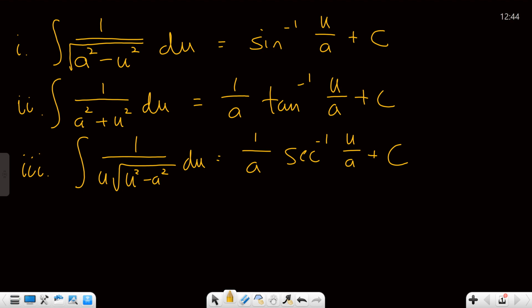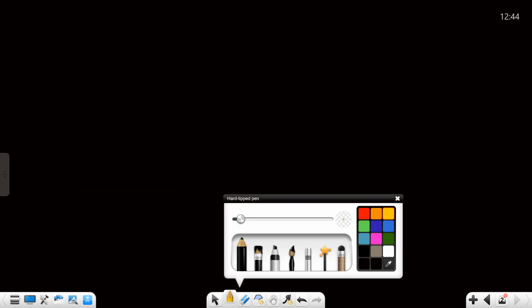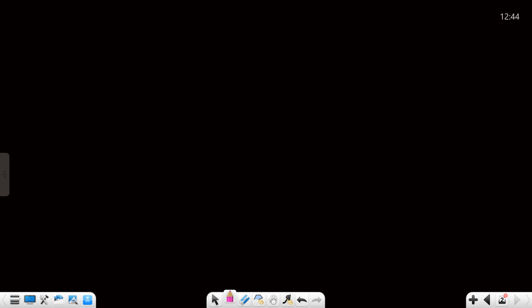Okay, so then the challenge becomes making the problem fit into one of those forms. Numero uno. We're going to do a definite integral here.